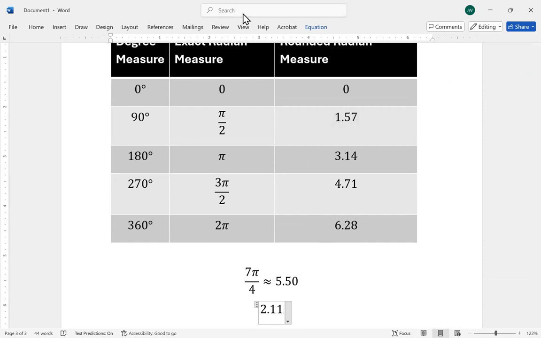So if we think about that, pi over 2 is going straight up along the y-axis. Pi is going to the left along the x-axis. So here's my angle. It has to have its terminal side in quadrant 2.